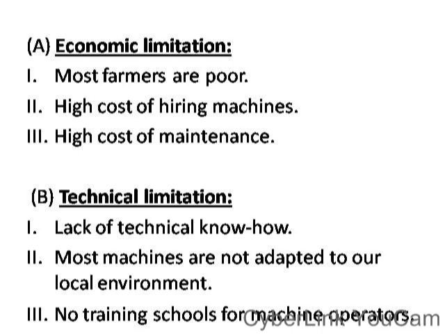In the western region where these machines are produced, the area is a temperate region, so the soil type is different from the soil type in Africa. So some of their machines are not adapted to work in our own environment in Africa.